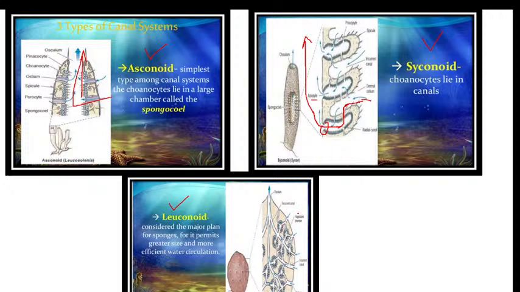The water which comes in will reach this network of cells where the collar cells or choanocytes are found, and from here the water reaches the spongocoel towards the osculum. This is just brief. I have mentioned in detail the different types of cells and how the water moves.